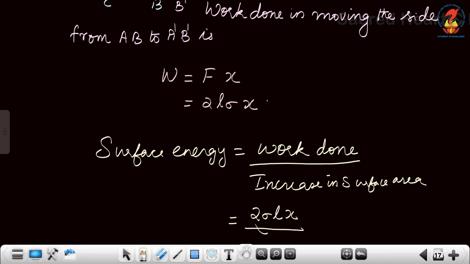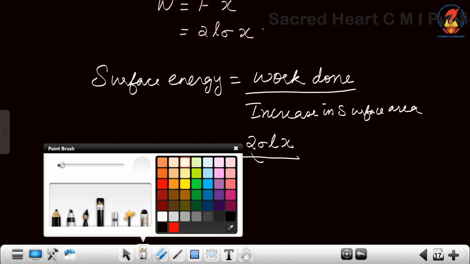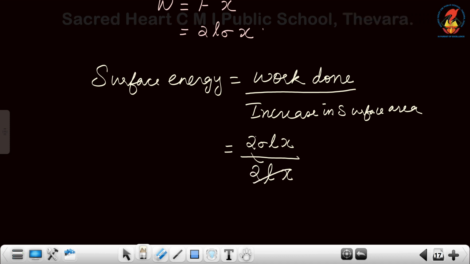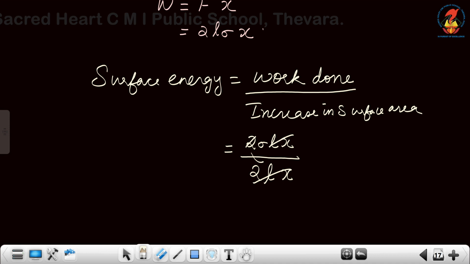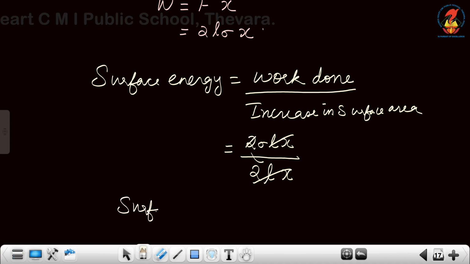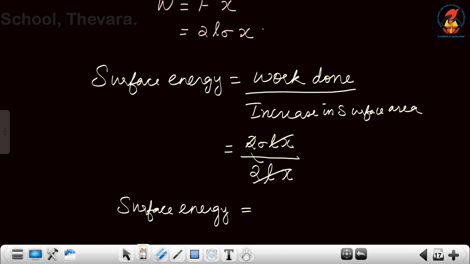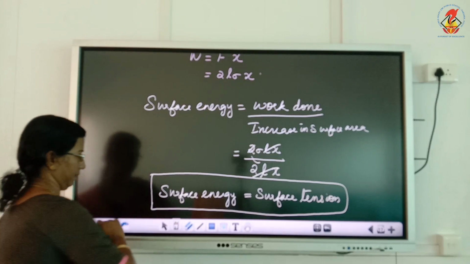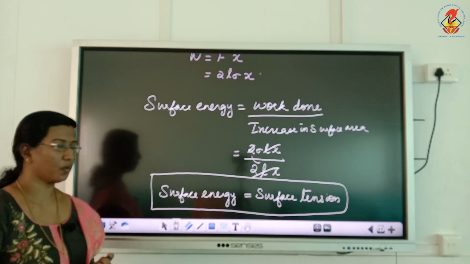It will be length into the distance moved, Lx, and since soap has two surfaces, 2Lx. This and this get cancelled, so we can say that in the end surface energy is equal to surface tension. I hope this is clear to you. Thank you.